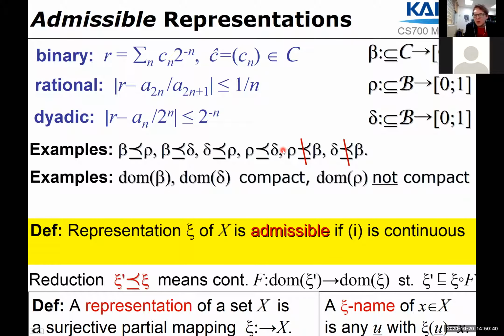And now we're ready to formulate an important criterion for a representation to be computability-theoretically reasonable, sensible. And that condition is actually pretty subtle, and it's an important achievement to have identified this condition. Just to remind you, it also took a considerable time throughout centuries to find the right definition for continuity, right?